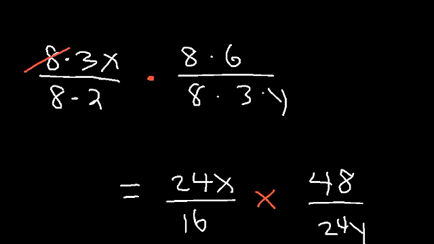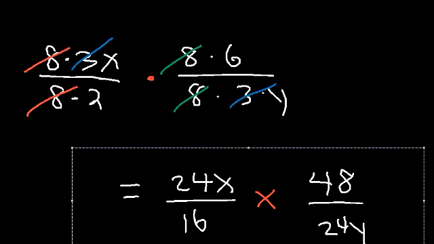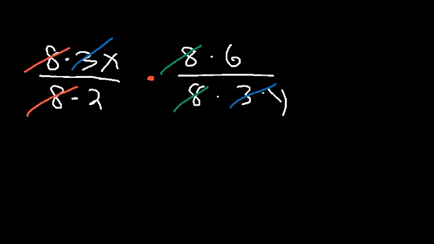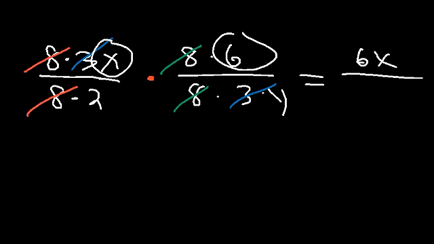So we can cancel the 8s, and we can cancel a 3. So what we have left over on the top is 6 times x divided by 2 times y.